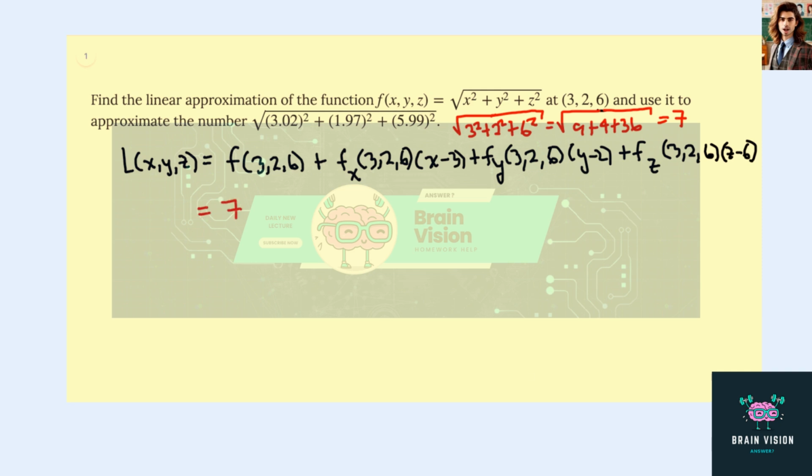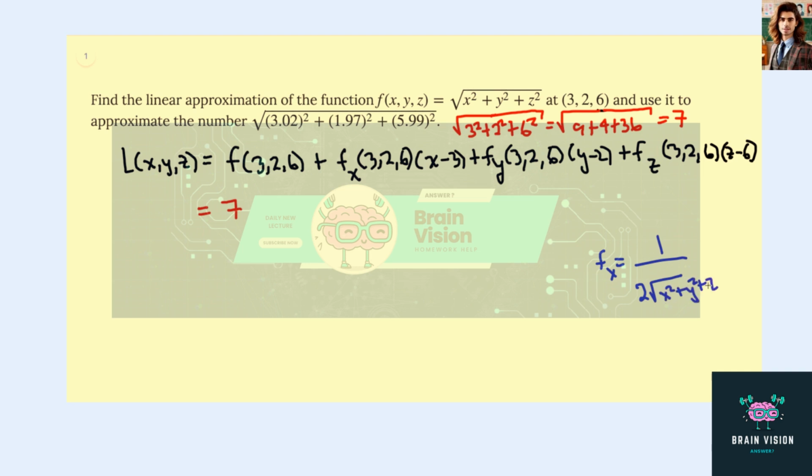Now for the partial derivatives, even though we have 3 partial derivatives here, they're all very similar to each other. So for example, if I did f of x, I would get 1 over 2 times the radical.